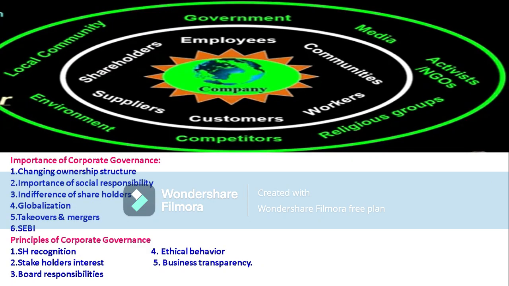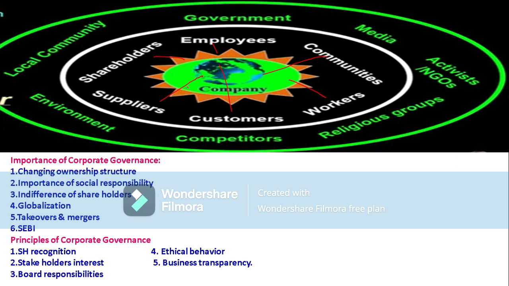Okay, so if we see here, under the company we will see employees, shareholders, suppliers, customers, communities and workers. All these people are associated with the organization internally. Okay, so they affect the company directly or else are affected by the company also. These people are directly involved and directly they will be affected.